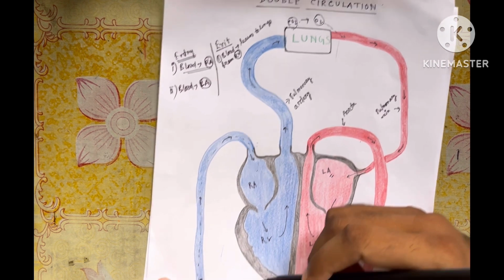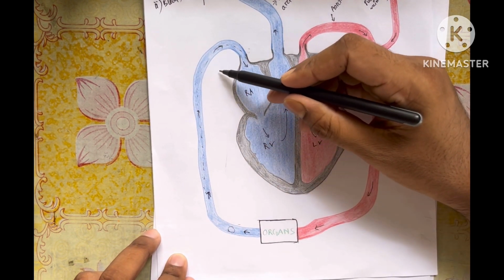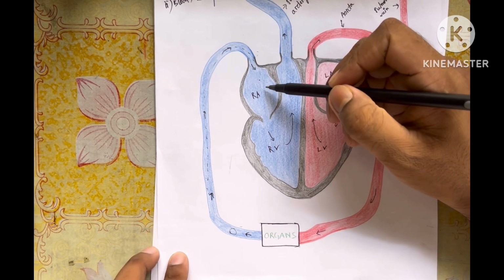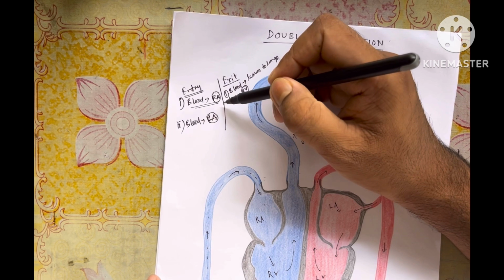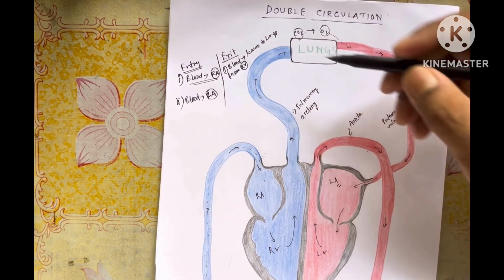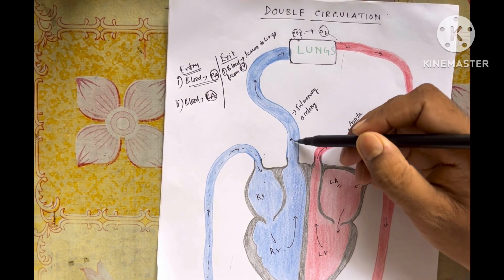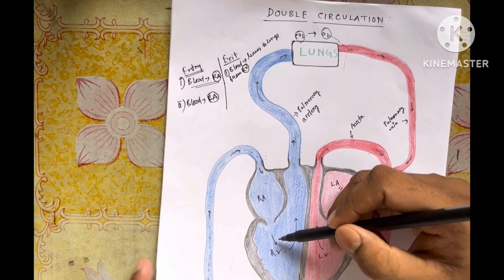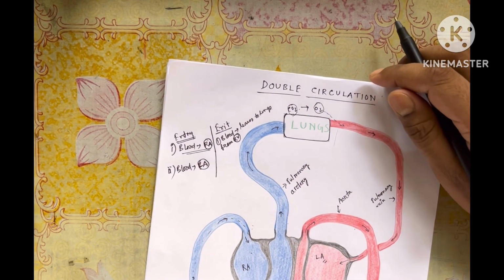Now see, when deoxygenated blood is coming from organs and enters our right atrium, this is the first entry. Then that blood goes towards the lungs from the right ventricle, meaning our blood leaves our heart. This is the first exit.